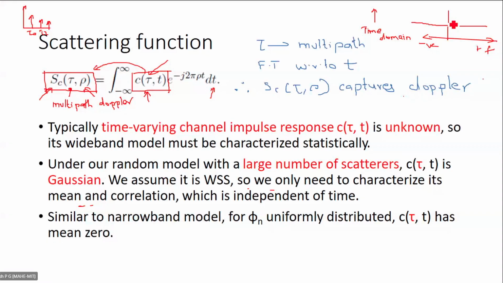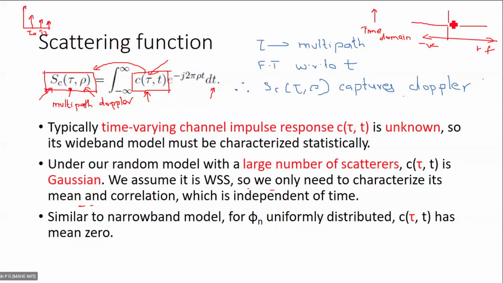So you're doing the same thing here. You are trying to convert something in the time domain to the frequency domain. That something in the time domain is C of tau comma t. You are keeping tau constant here, you are not touching tau.